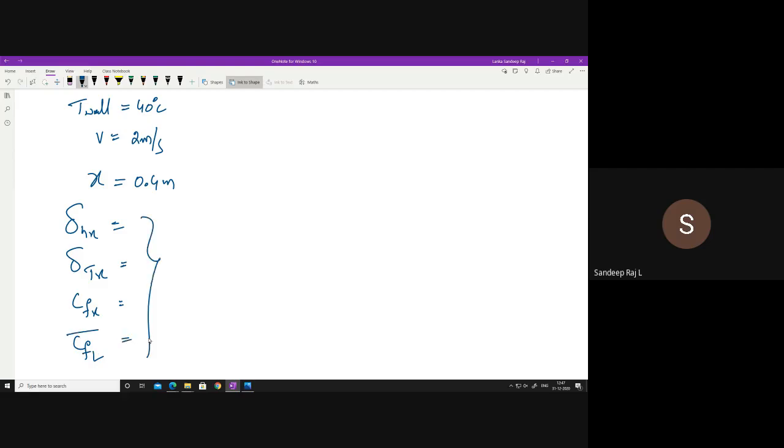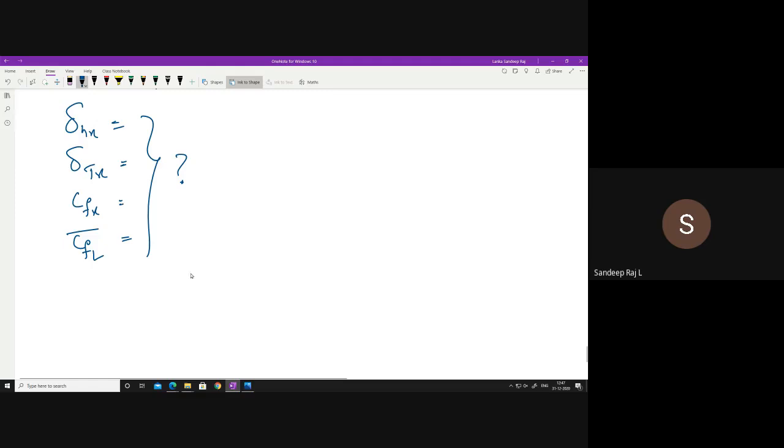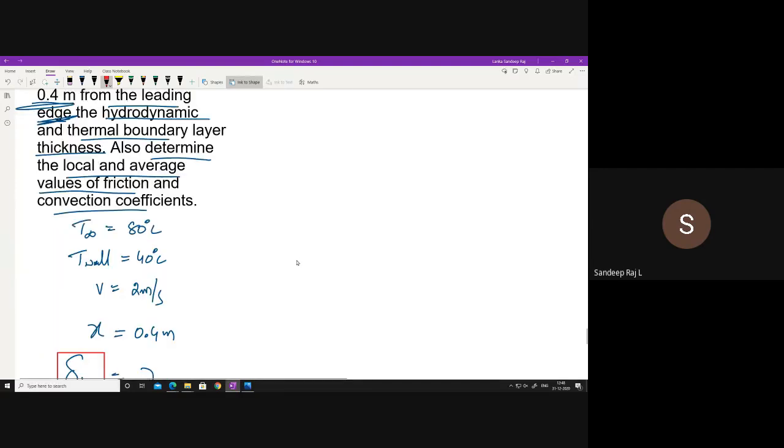Along with this, the convection coefficient also: what is h and what is h bar? He's asking. So this is your question. As far as these four are concerned, it is a similar question, but the remaining two might be different.